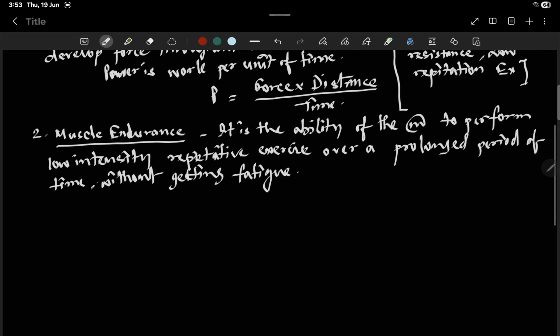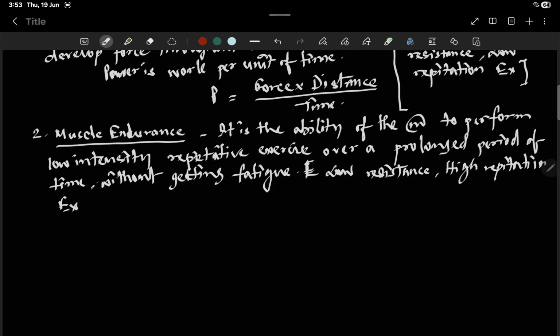But muscle endurance is low resistance, high, just opposite, repetition exercise.